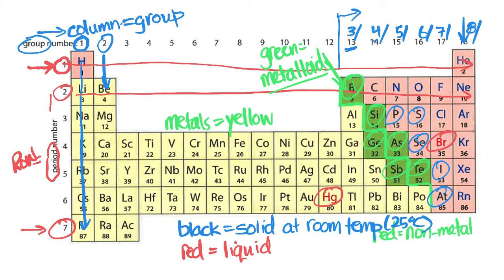And then finally, the ones that are listed in blue are gases at room temperature. And so that is most of our nonmetals over on this side here. Not all of them are going to be gases at room temperature, but quite a few of them are.